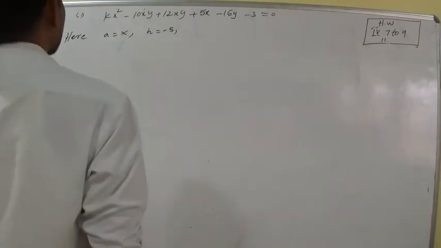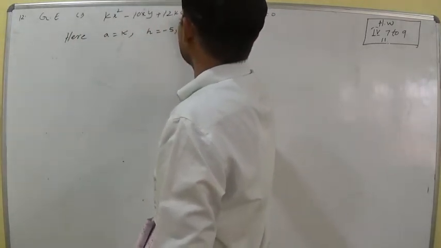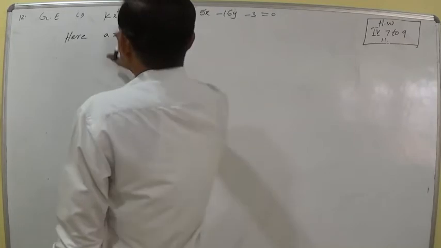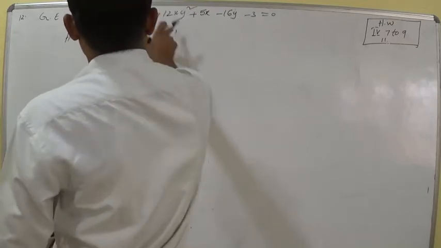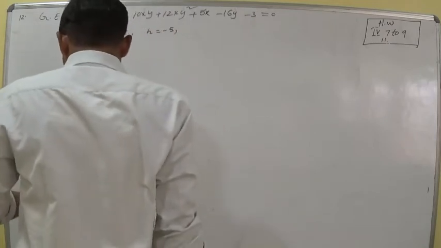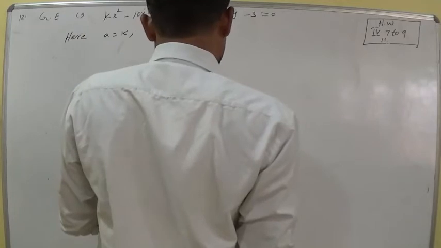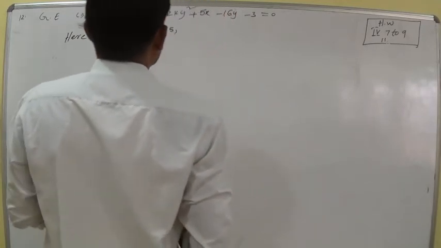See children, here a wrong term has been given. This is 12ky square: kx square minus 10xy plus 12ky square plus 5x minus 16y minus 3 is equal to 0.